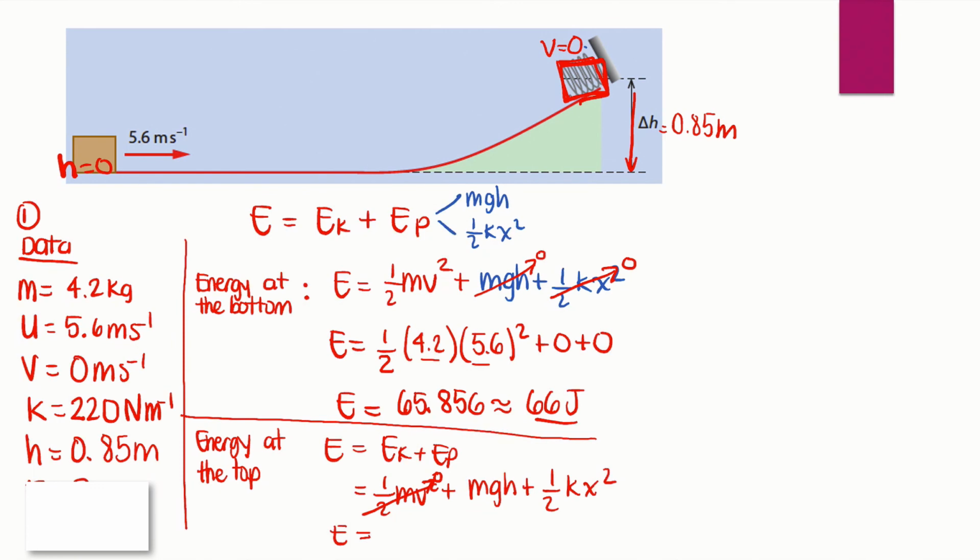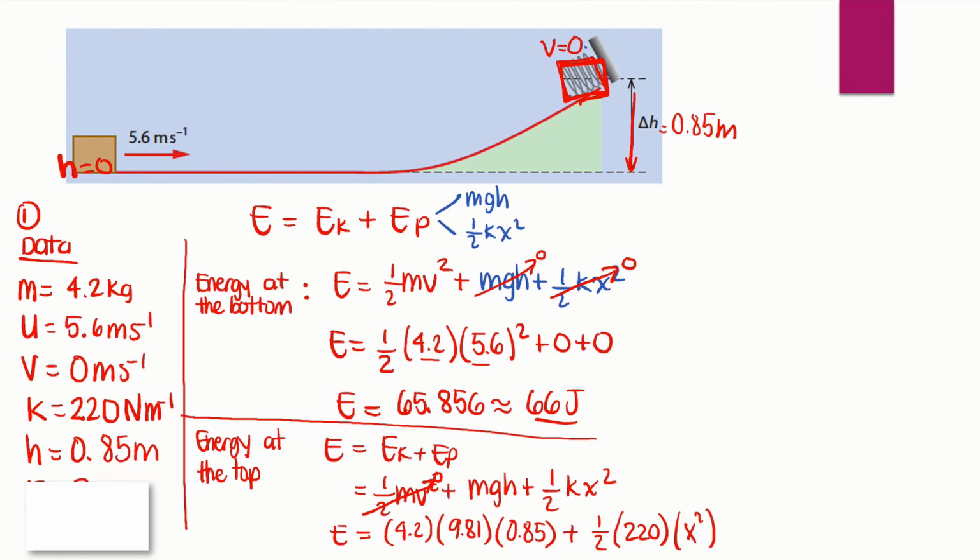Now we have mass, which is 4.2, times g, which is 9.81, times the height, which is 0.85, plus the elastic potential energy, which is 1/2 of the elastic constant, 220, times displacement.